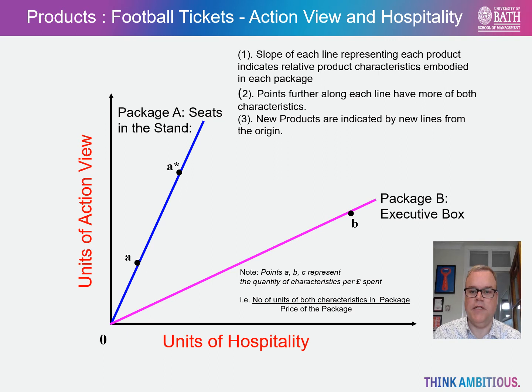A star, for instance, has more of both characteristics than point A. So at A star, supporters can perhaps enjoy a premium seat and better catering outlets, while those who opt for point A get a standard seat ticket and lower quality catering. The points A star, A and C represent the quantity of characteristics per pound spent in a particular package. Any new products or packages would originate from the origin.